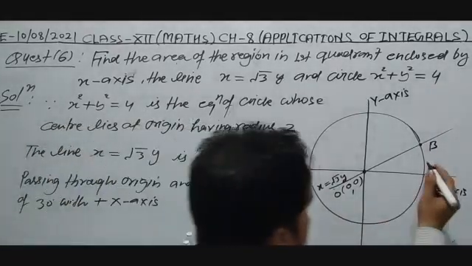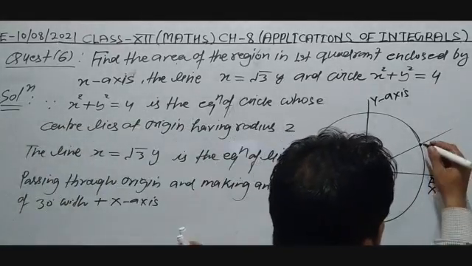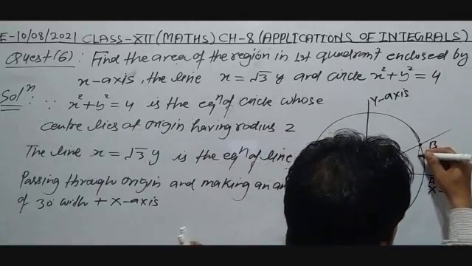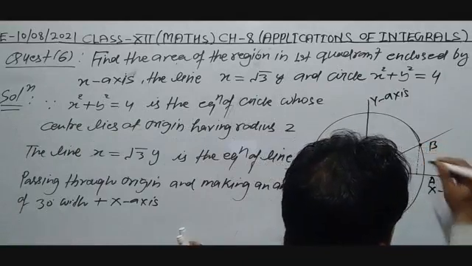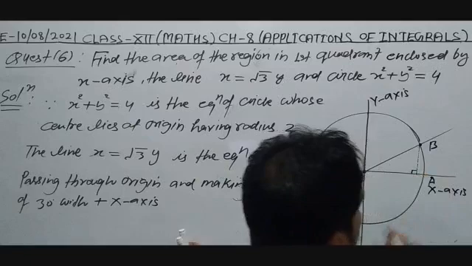Suppose this is the point B, this is the point A, and draw the perpendicular from B on x axis. Suppose this is the perpendicular.